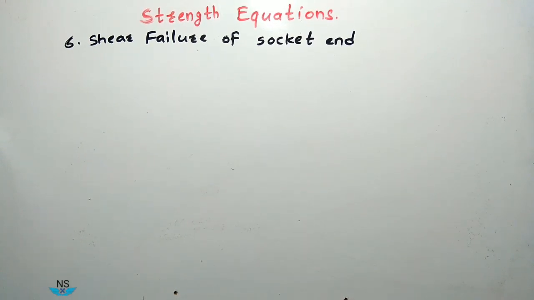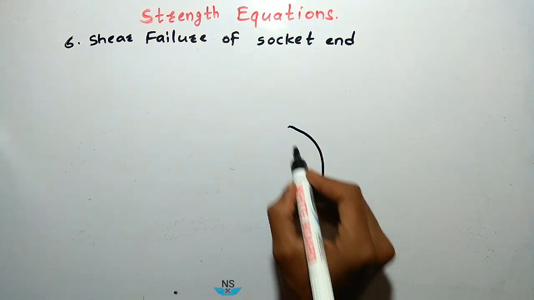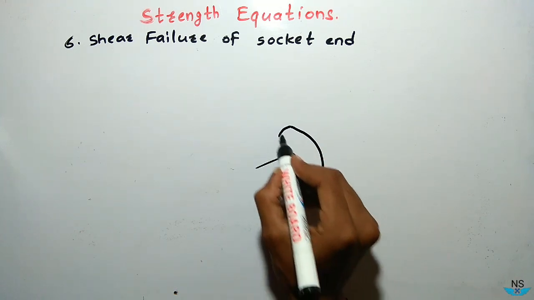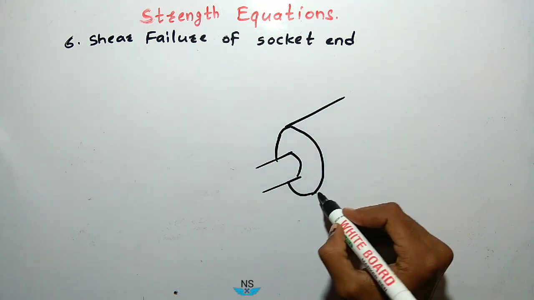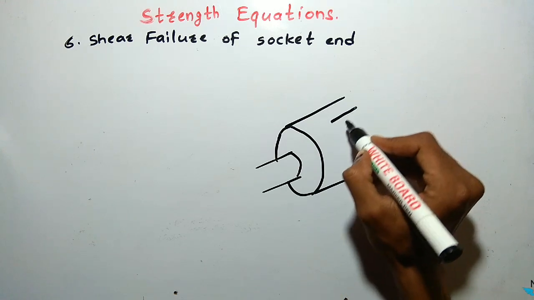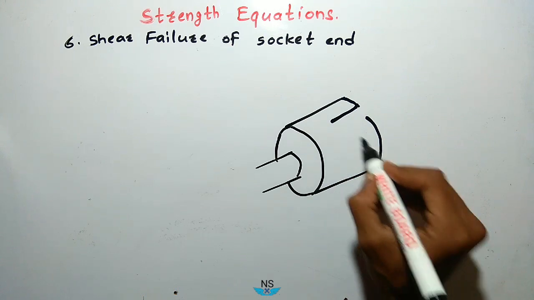Now let us see the shear failure of socket end. So how shear failure of socket will take place. Let us see. So let me explain you.